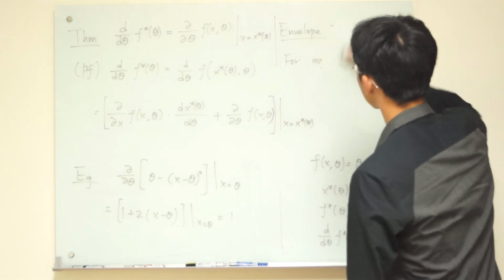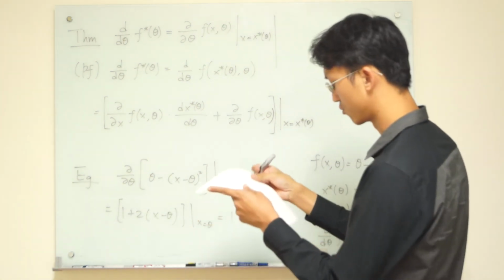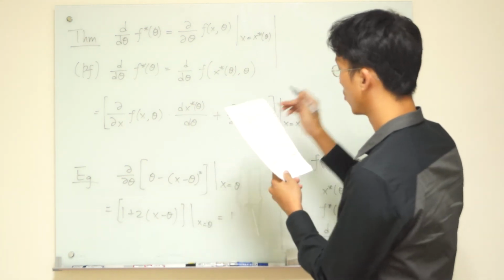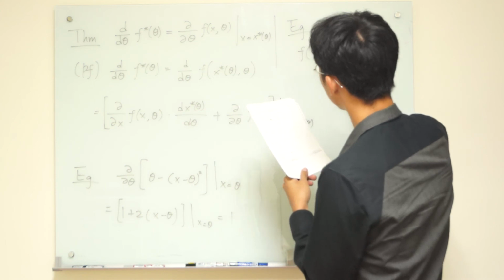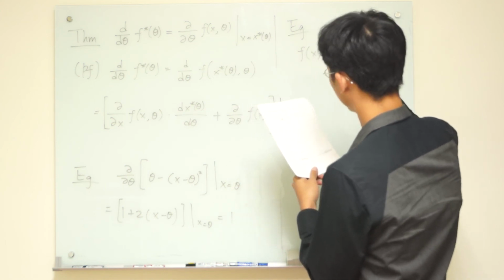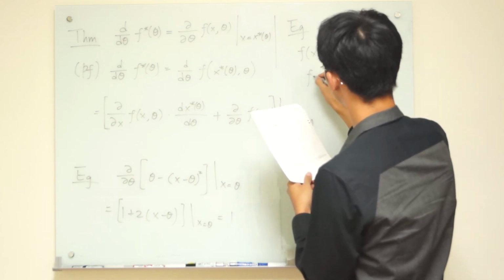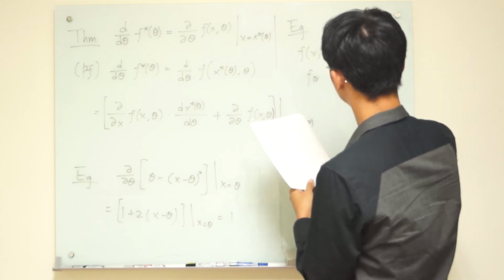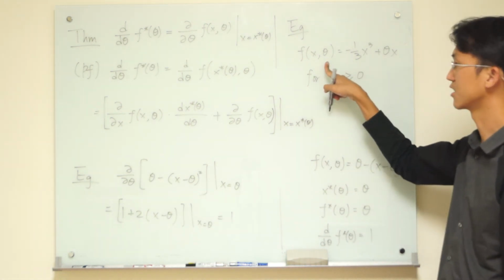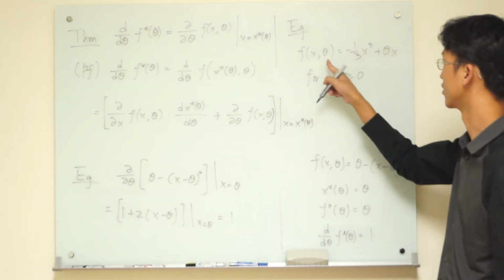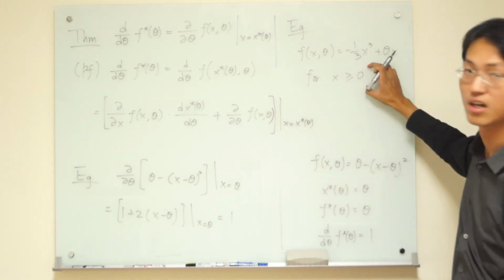So I'm not going to give you more examples to derive the result. But I encourage you to consider one more example. Okay, for those non-negative x, let's consider this function f as again a concave function on this region.